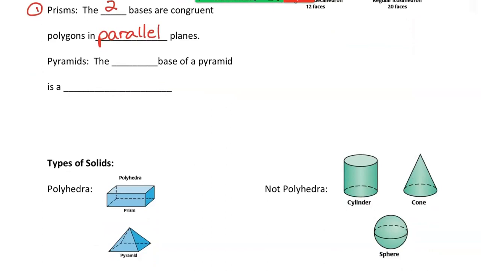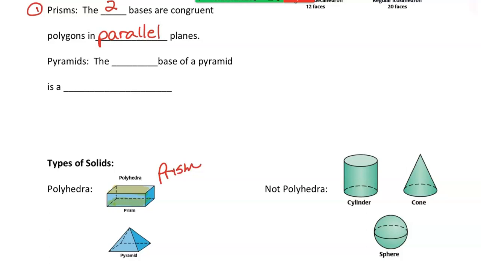These right here, that's a prism. How come? Because the two bases are congruent polygons in parallel planes. That means you have to have face parallel to face. You have a face here that's parallel to this one, and so they're all parallel. That's what makes it a prism.